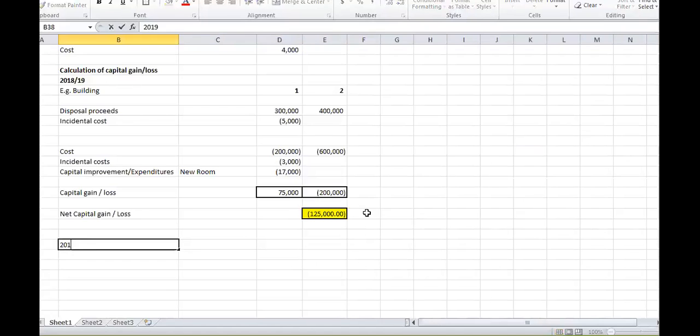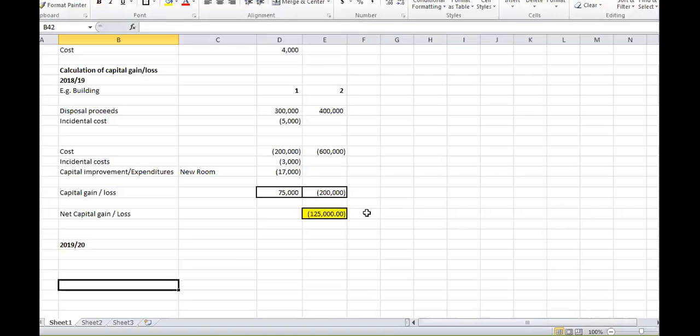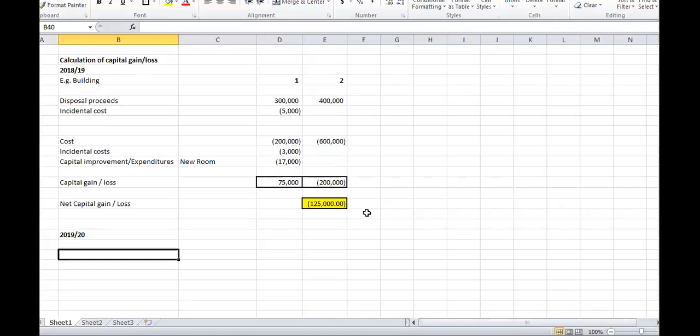What about 2019-20? So students, in 2019-20, once again, we have sold different assets. We have sold, say, asset 1. It can be any asset. So on asset 1, we have a gain of, say, £60,000.